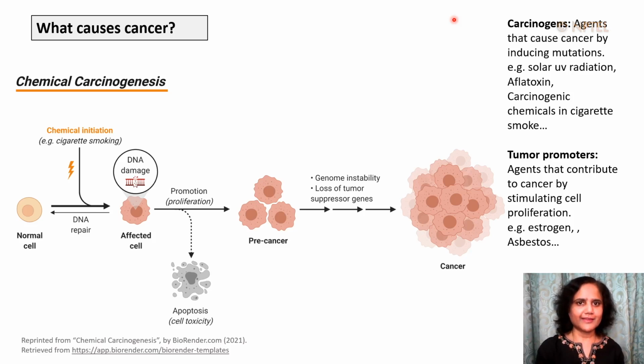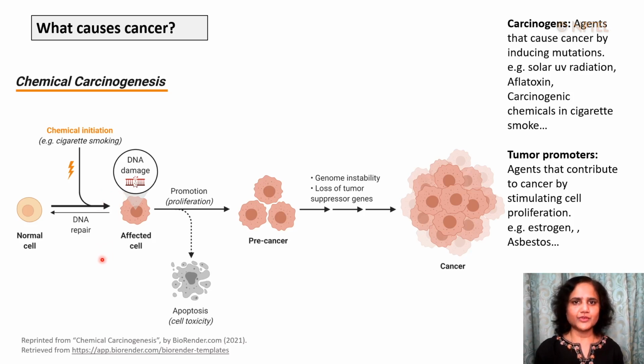So there are agents that can bring about mutations which can cause cancer, and these are referred to as carcinogens. Carcinogens can be of different types, but basically they are agents that cause cancer by inducing mutations.